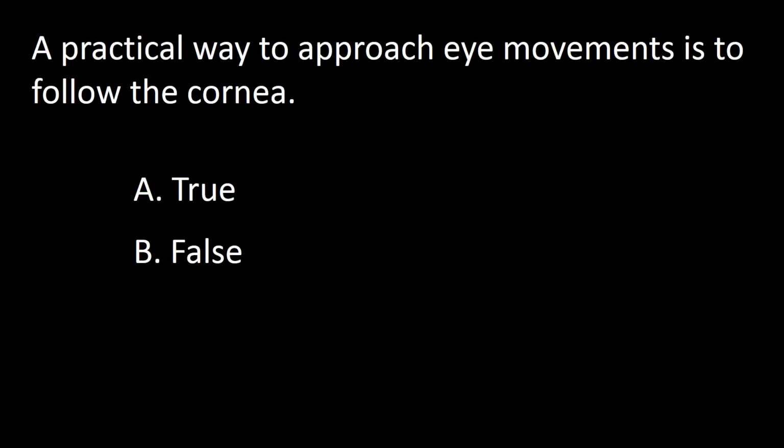Next question. A practical way to approach eye movements is to follow the cornea. A true, B false. A practical approach to map eye movements is to follow the cornea. When eyes are looking straight ahead, the positivity is to the front.